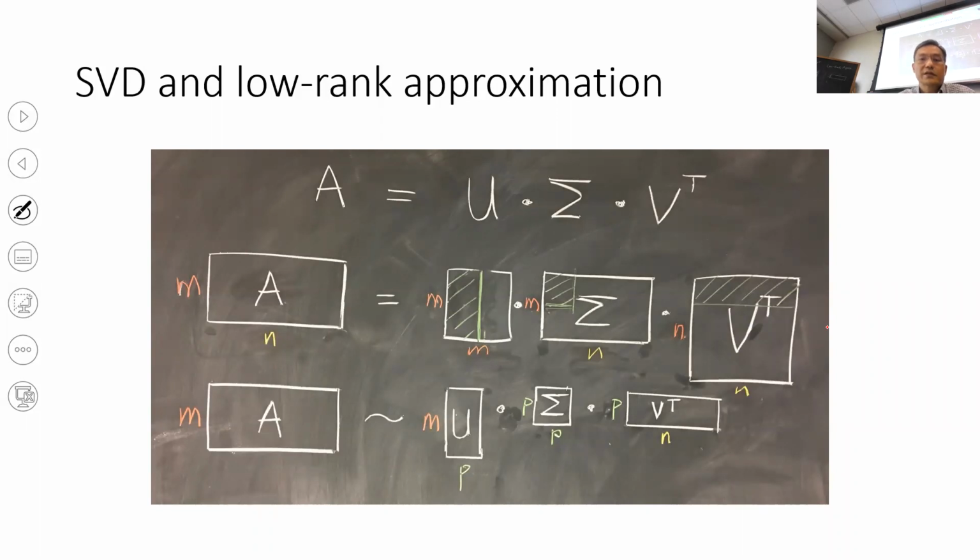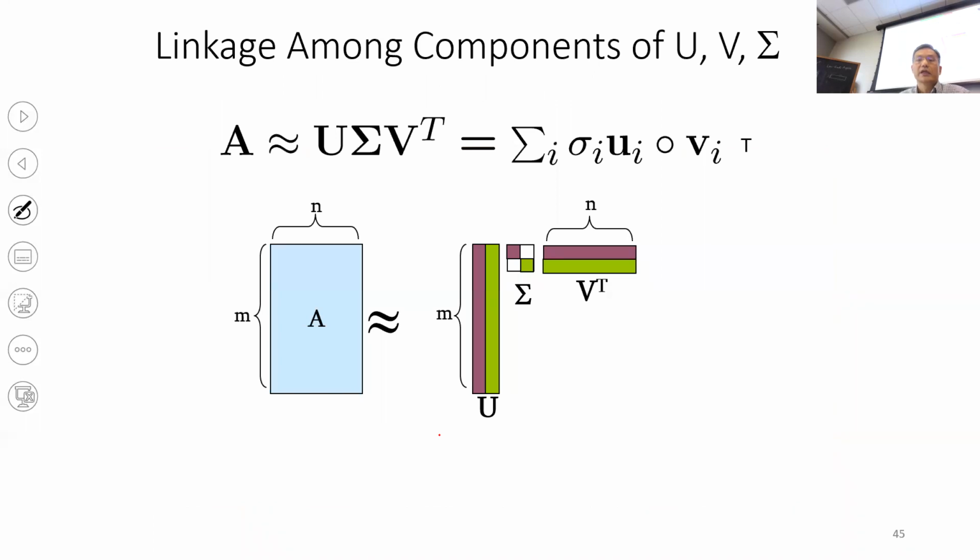Okay, so that's the low rank approximation. If you use just 2 for P here, then this becomes 2 by 2, and this will become n by 2, so it's the same as what I just showed you. Again, this is just a 2 by 2 sigma matrix.